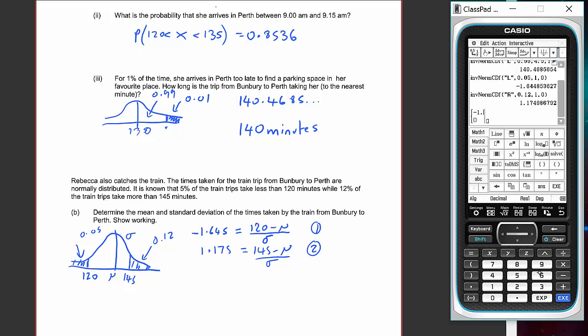Negative 1.645 is equal to 120 take away, and I'll call mu x just for simplicity, and we'll call sigma y, and then I've got 1.175 equals 145 take away x divided by y, and we need to tell it we're solving for x and y.